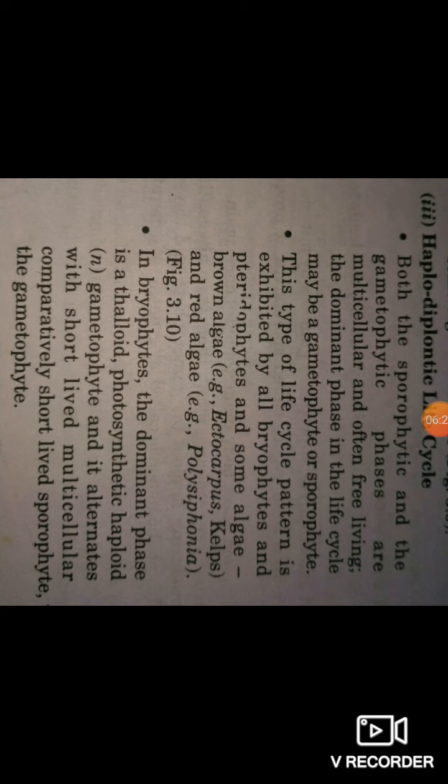In pteridophytes, the dominant phase is represented by the independent photosynthetic sporophytic vascular plant body. It alternates with multicellular, autotrophic, independent but short-lived haploid gametophytes.